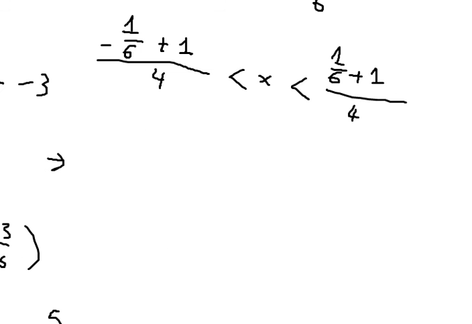So we get 5 over 24, and this one we get 7 over 24.